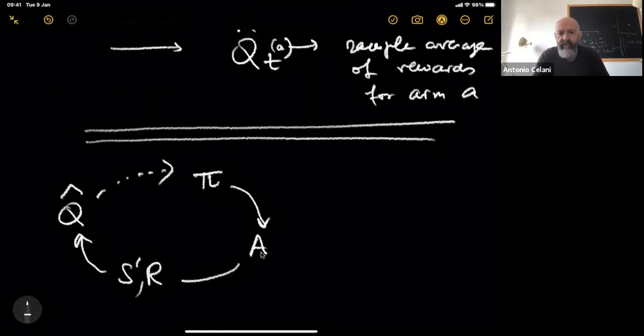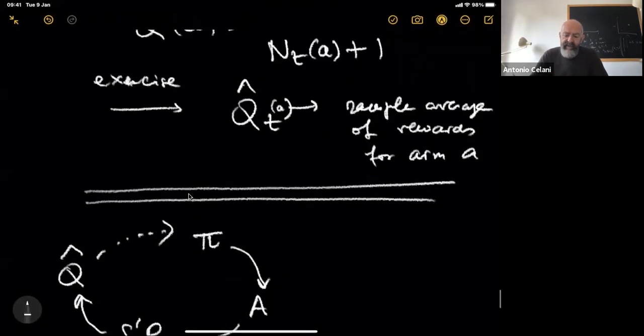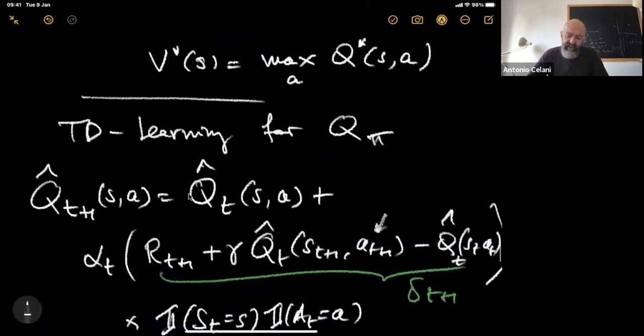We will observe a new state and the reward. We will use them to update our Q function. And we use this new update in order to produce a new policy. So we use our current information about the value function which we have at hand in order to improve the policy. Remember, this is what happens in the Bellman's equation.